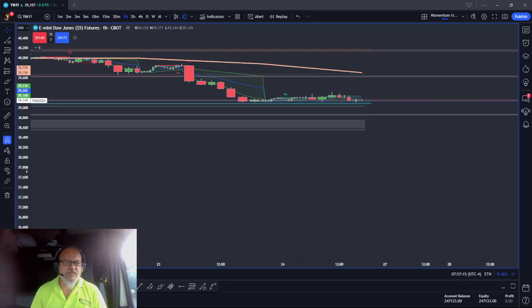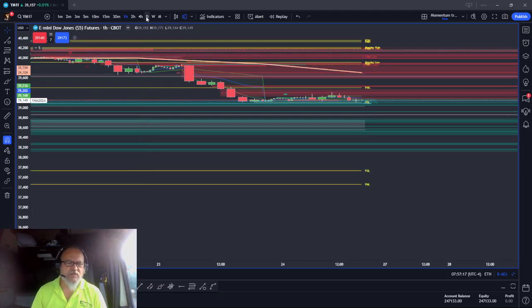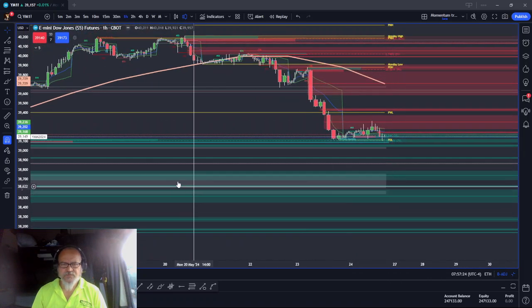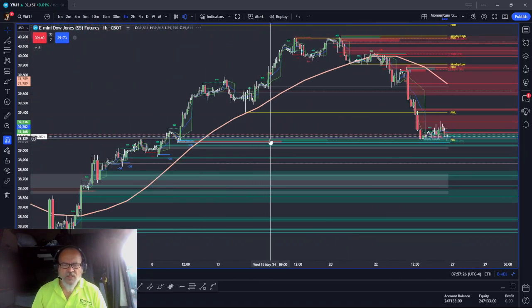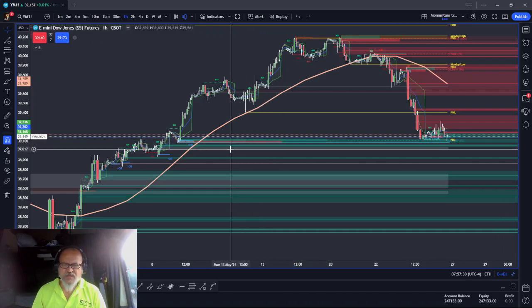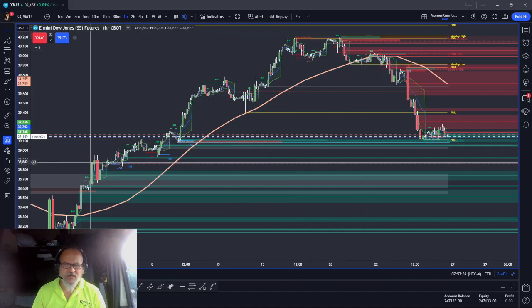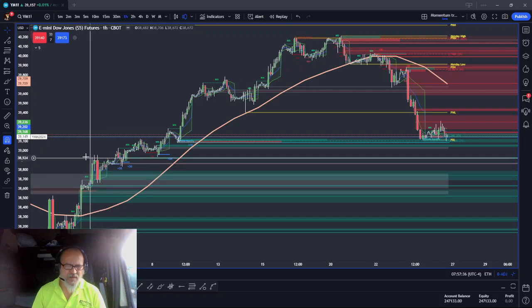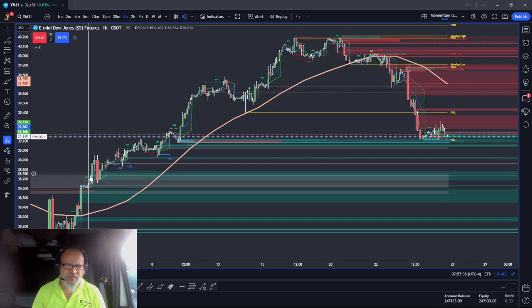Then into the time frames that we're actually going to be using and looking at. The 1 hour, we could pretty much say is completed. We still have a little bit further to go.